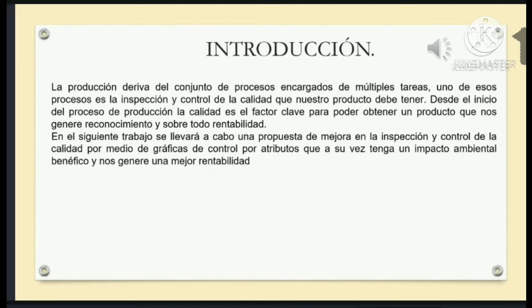The following work will carry out a proposal for improvement in the inspection and control of quality through attribute control charts that in turn have a beneficial environmental impact and generate better profitability.